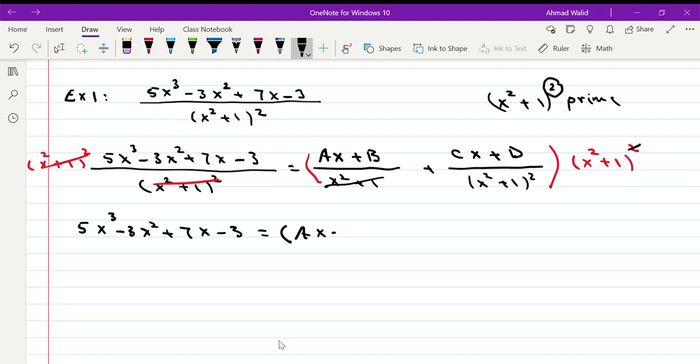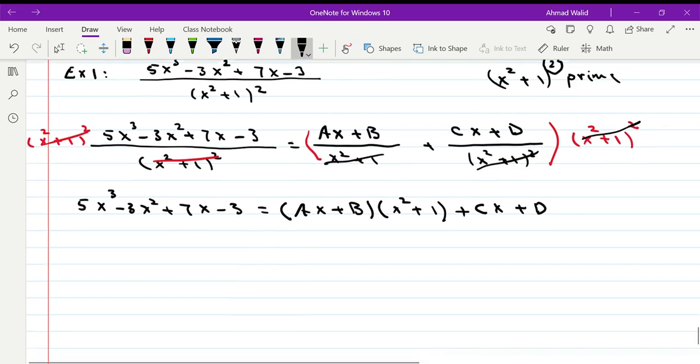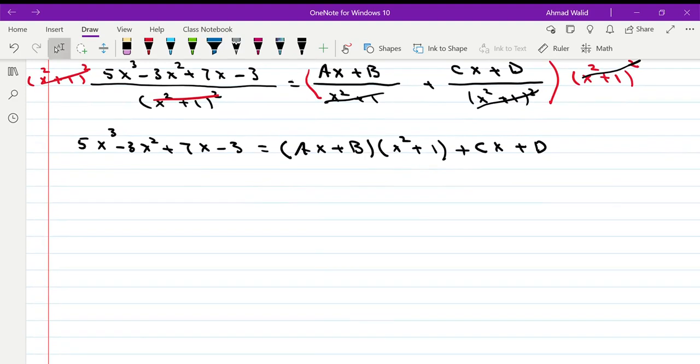Ax plus b times x squared plus 1, plus both of them cancel out with both of these, what is left? Cx plus d. Now simplify the right side, then equate both sides, equate the coefficients of both sides, right?